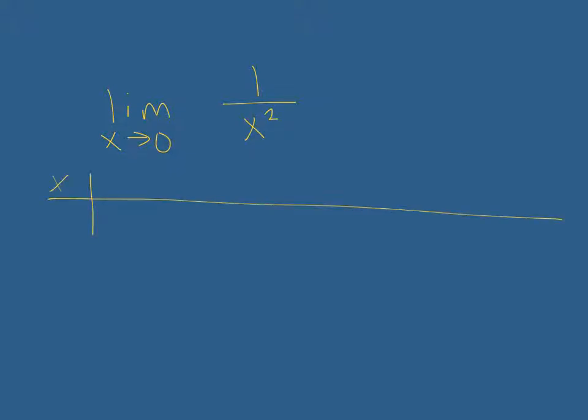Let's see. If I have here the limit as x approaches 0 of 1 over x squared, and I want to find that limit. Now we can't reduce it because nothing's going to cancel out. So let's do our t-chart. We have our x and our f of x value.